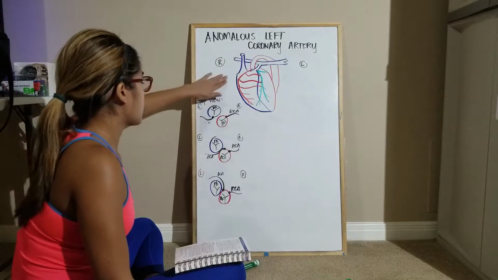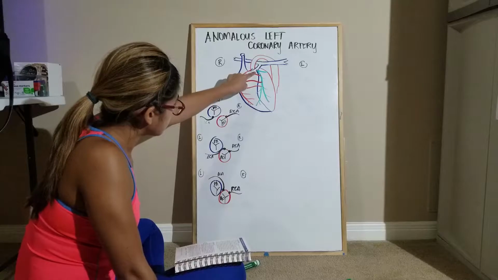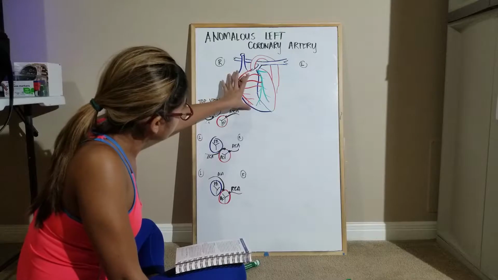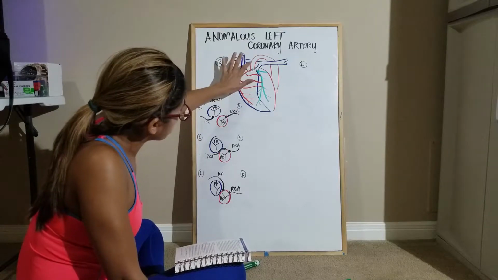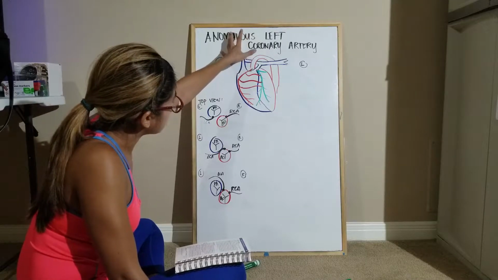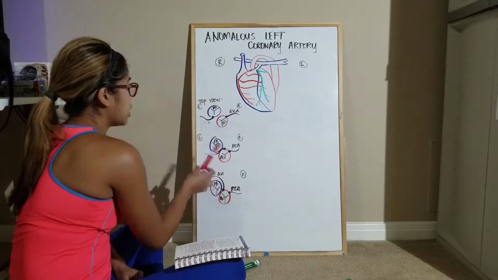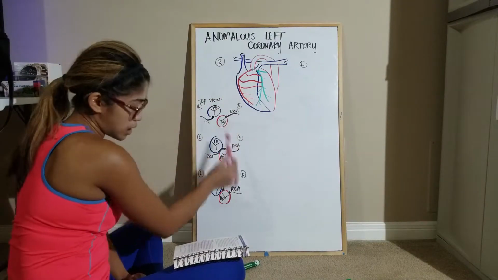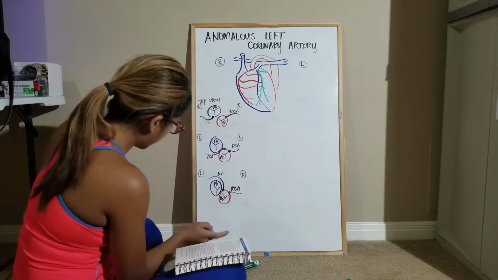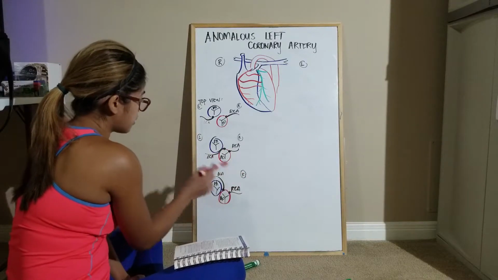Oh, so it's just saying that the right coronary artery is coming from the right aortic sinus, which is that sinus over there on the right side of the aorta, and then the normal left coronary artery should be coming from the left aortic sinus. However, it can take different routes.